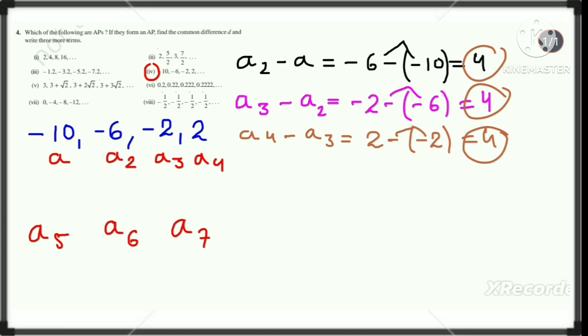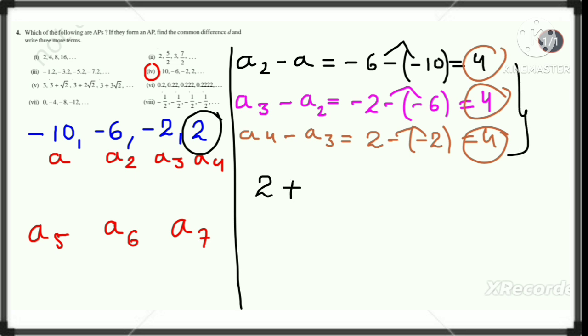So firstly let's add the common difference to the 4th term. Our 4th term is 2. Okay, let's do here 4th term, that is 2 plus, and the common difference we have obtained here 4, and after adding we obtain simply 6.